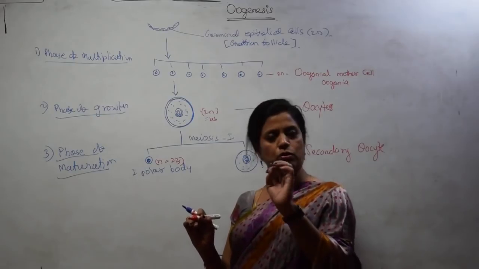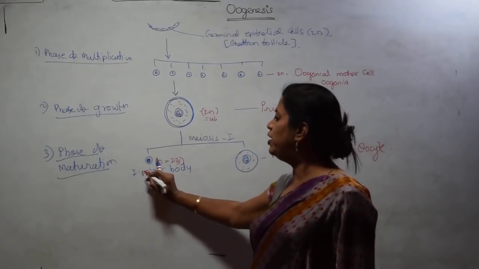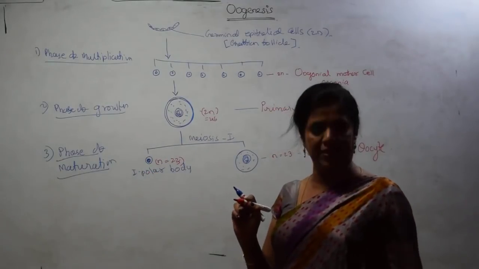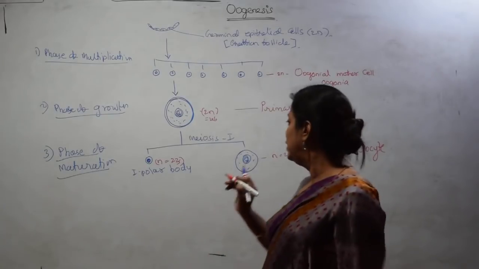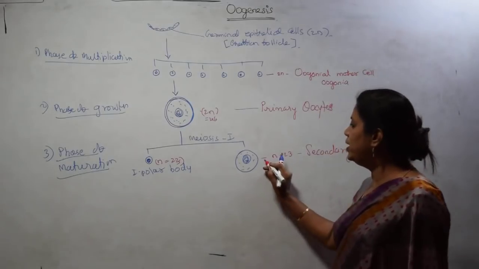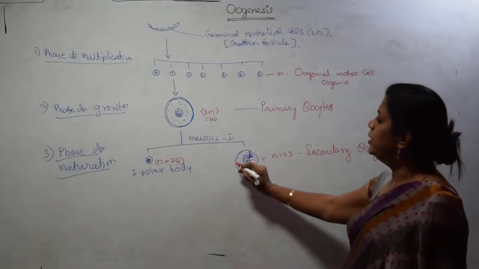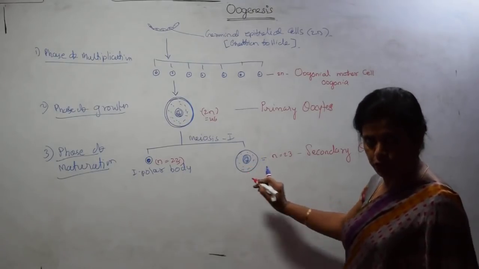Reduction means the chromosome number reduces to half. So one of the cells formed is non-functional. It is called the polocyte. It just carries the haploid chromosome number. But this one is not so. It is a functional cell. It has haploid condition. Along with that, it has nutrients in it, because it is going to be a functional egg in future.